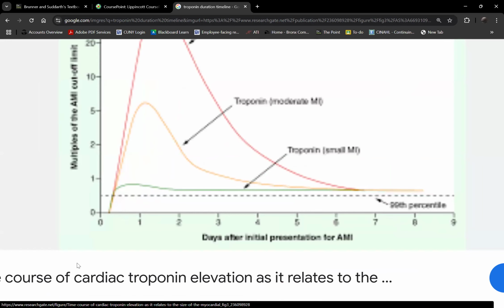The horizontal axis you're looking at here are days. This is not hours. This is day 1, day 2, day 3, all the way to day 9, 10. And this is the level of the troponin on the vertical axis. As you can see, troponin stays elevated.